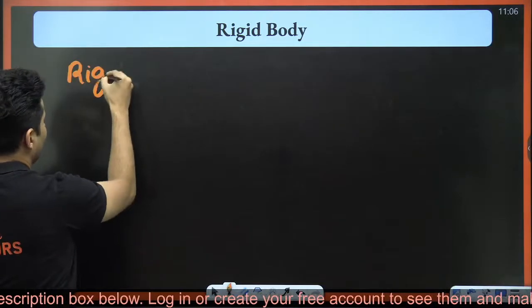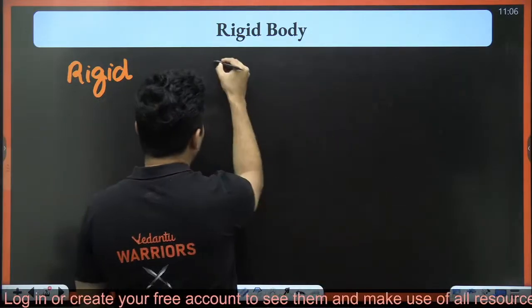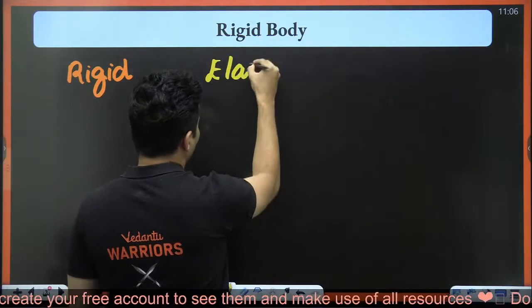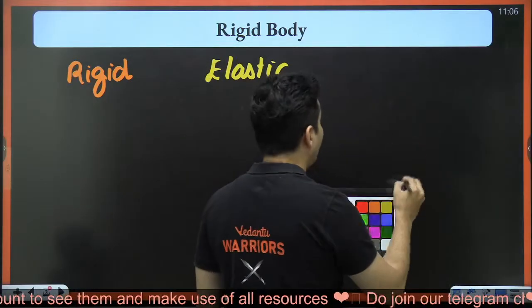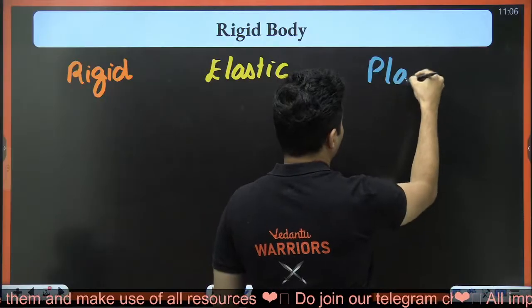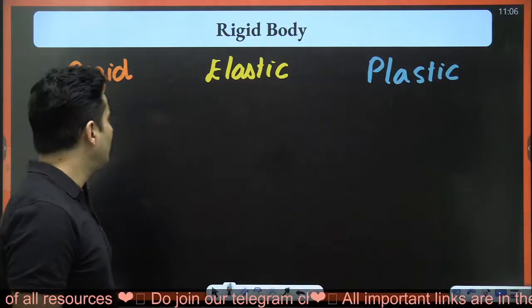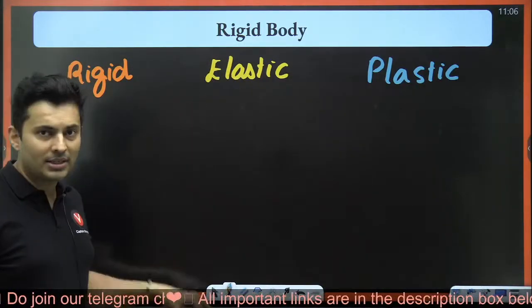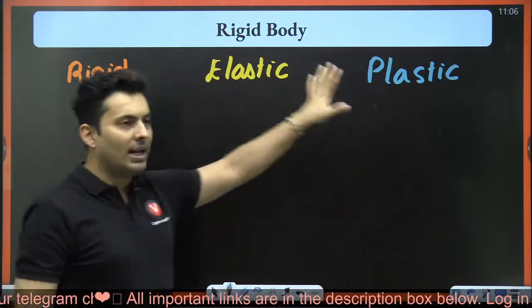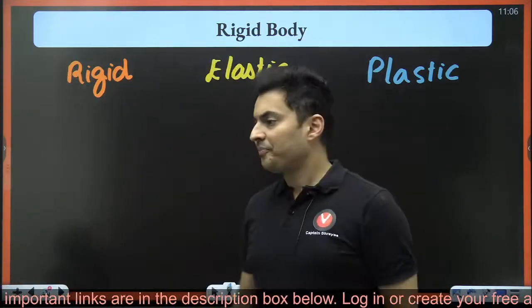One is your rigid body, then comes your elastic body, and the last one is your plastic body. There are 3 kinds of bodies which are there in nature, and in this particular chapter we are going to study elastic bodies. I will tell you about rigid and plastic bodies because that is there in the theory part.